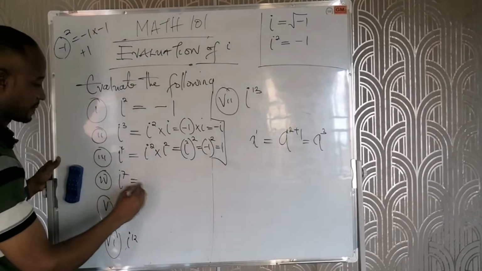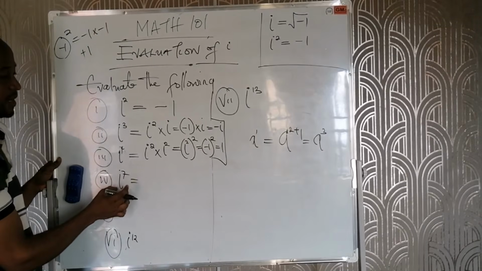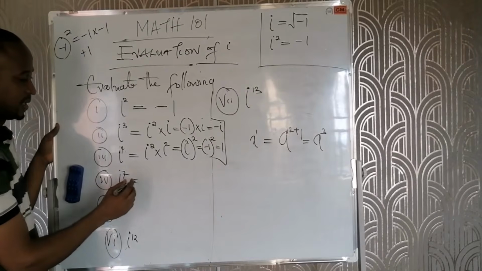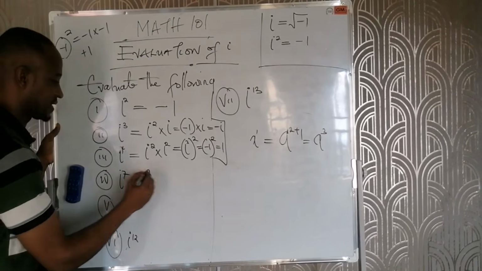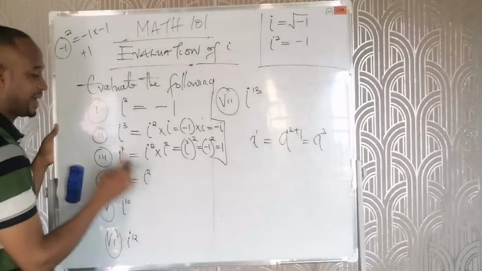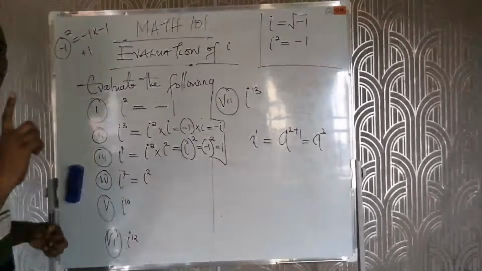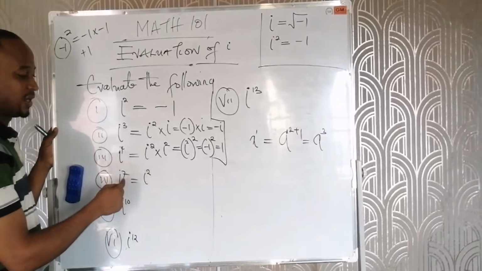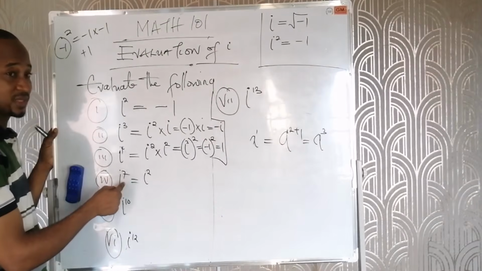So for this, let's evaluate i raised power 7. This can be expressed as i squared. I'll bring up my i squared. That's the first rule. When you bring up i squared, you now look for a factor of a number that I can multiply 2 with that will give me a number either 7 or close to 7.